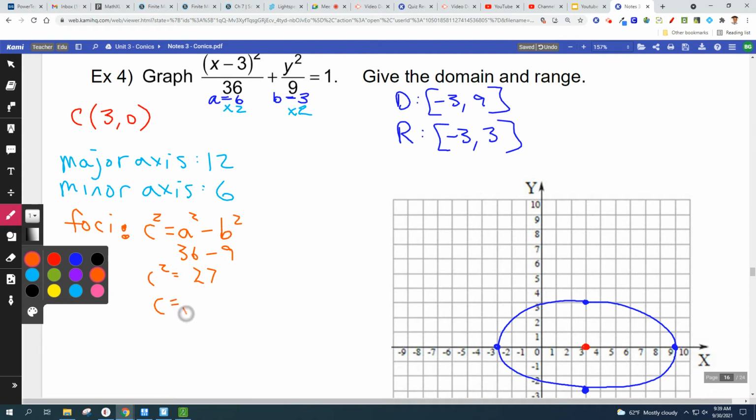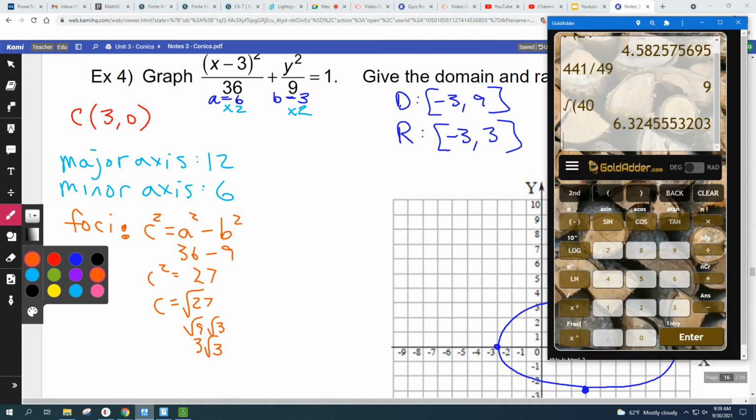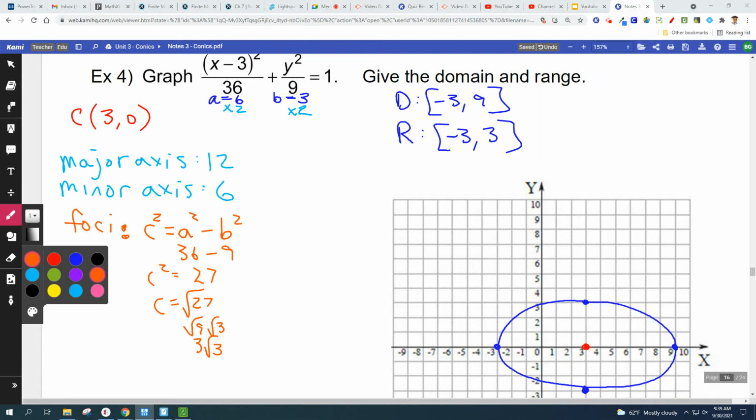So c is the square root of 27, right? And we can split that up even. 9 times 3, that's 3 times the square root of 3, which is pretty tough, really, to find the coordinates of the foci. We can see the square root of 27 is about 5.2.